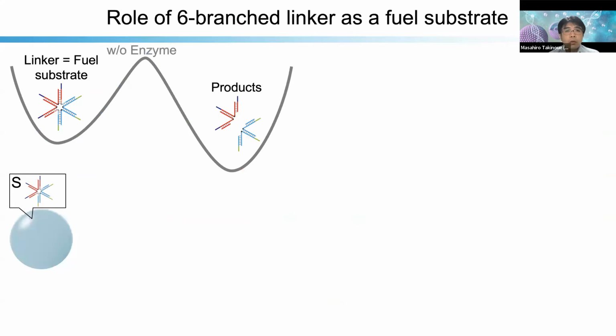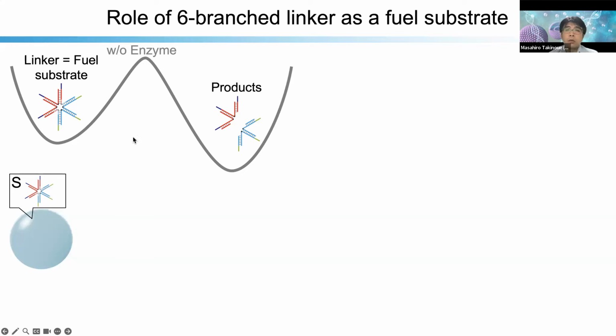So we can reconsider this phenomenon in the energetic view. I'd like to consider the role of the 6-branch linker as a fuel substrate as well as a linker. At the initial state, by the binding free energy of the linker substrate S, the DNA droplet exhibits a mixed state like this.